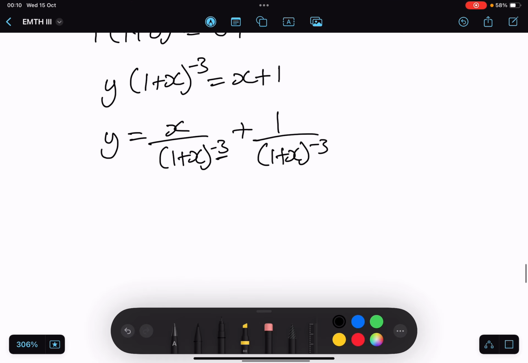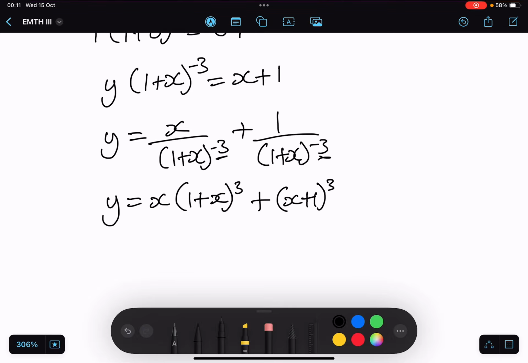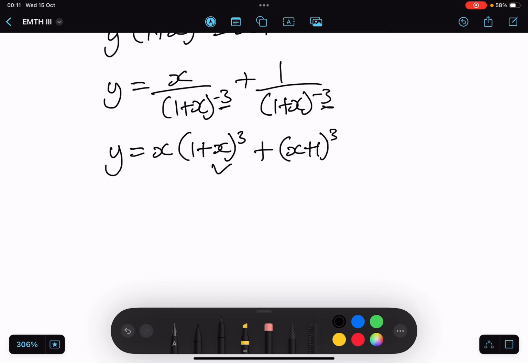Since it's minus, we can bring it up as the numerator to be positive. So this is going to be x(1 plus x) to the power 3 plus, positive now because it's brought to the numerator, (1 plus x) to the power 3. And then you can factor out.